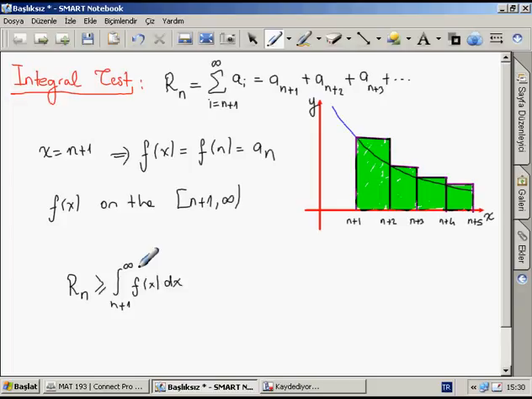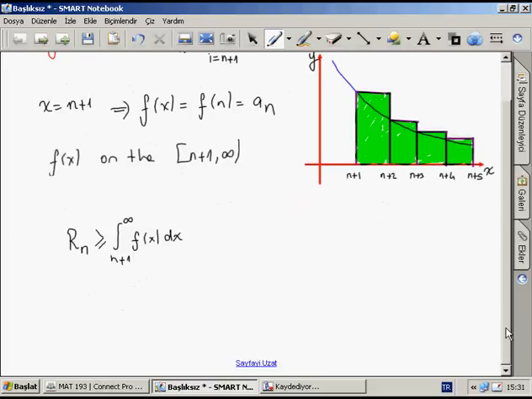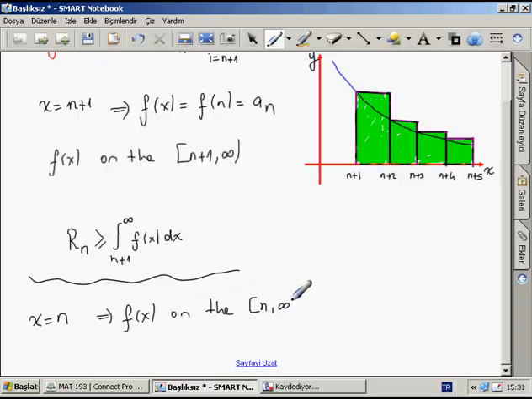Okay, so now we take x equals n, and f of x on n to infinity, and we will take the right endpoint.